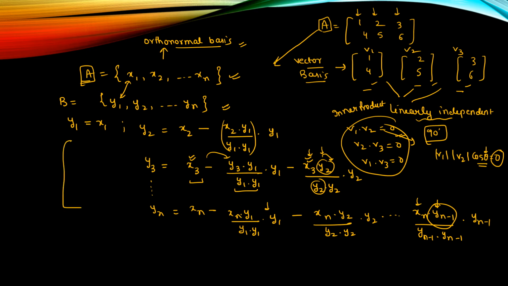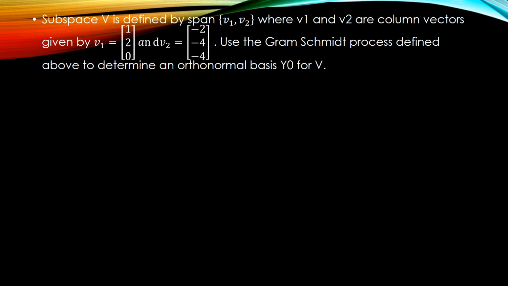So again, this is the formula of the Gram-Schmidt process. Now if you have to use it to find the orthonormal basis, let's see with the help of an example how we can find it using this formula. Here the question is that there is a subspace V and its span, that means if it is linearly independent, then its subspace is spanned by V1 and V2, which are column vectors.